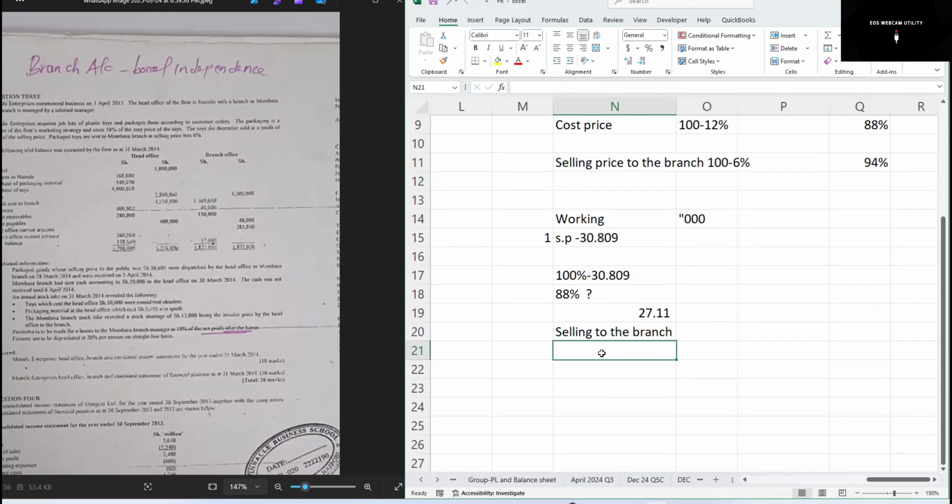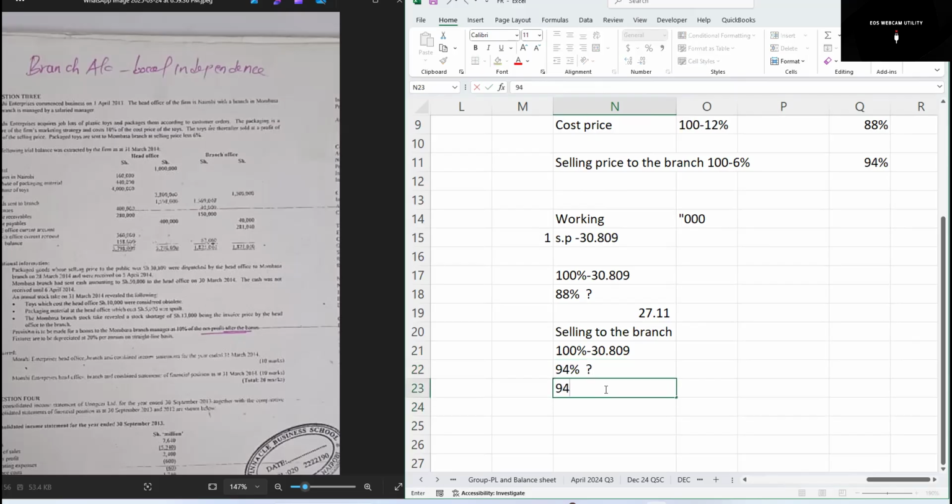I did it the way we did it first. If 100% is equivalent to 30.809, what about 94%, which is our selling price to the branch?